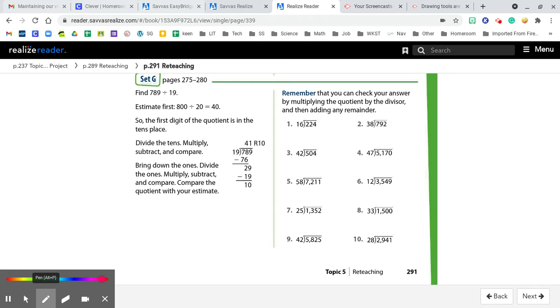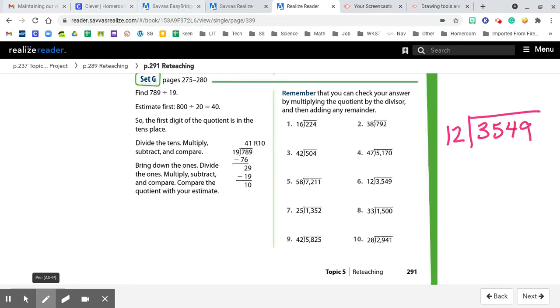Number 6, 12 going into 3549. If you do your 12 times tables, you know 12 times 2 is 24. 12 times 3 is 36. That would be too much. So 24. 12 times 10 is 120. That's going to be too much if you know your 12 times tables.